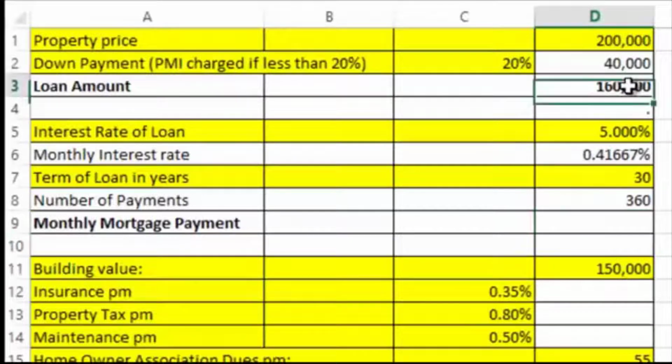So for the loan amount, that cell there is cell D3, isn't it? So I'm going to write that down. And for the monthly interest rate, we've got cell D6, so I'm writing that down.